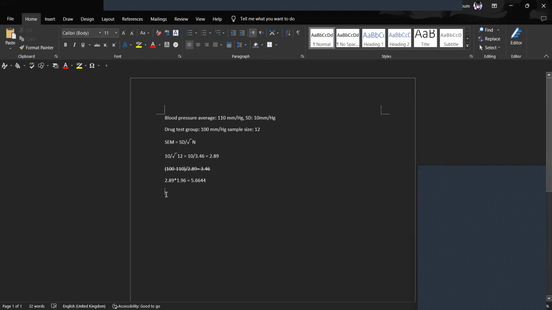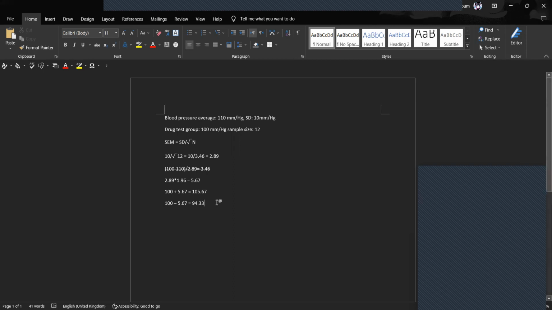And what we can do is 100 plus or minus 5.67, just to round it off to three significant figures. So we'll do plus, and then minus. 100 plus 5.67 is equal to 105.67. 100 minus 5.67 is 94.33.